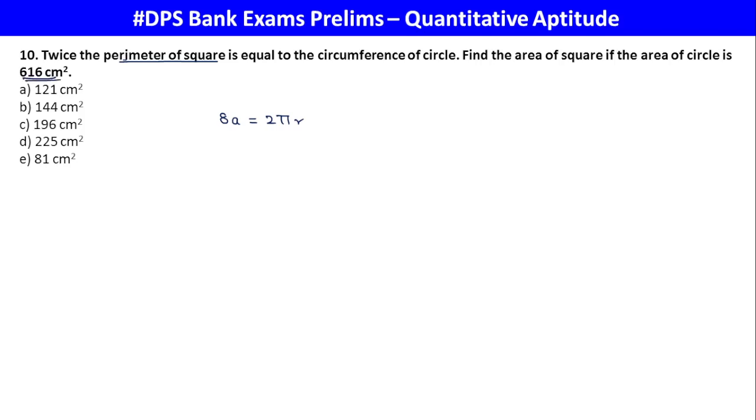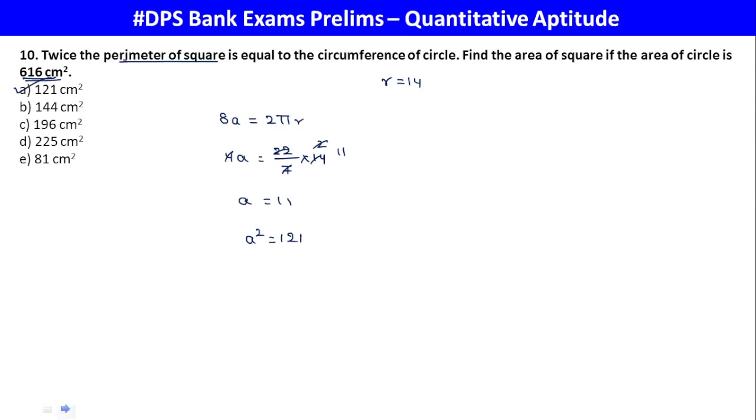Area of circle 616 means radius 14. 4a is equal to 22 by 7 into 14, a value 11. Area of the square 121. Option A is the final answer for this question.